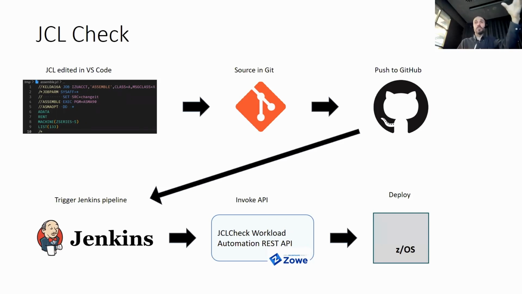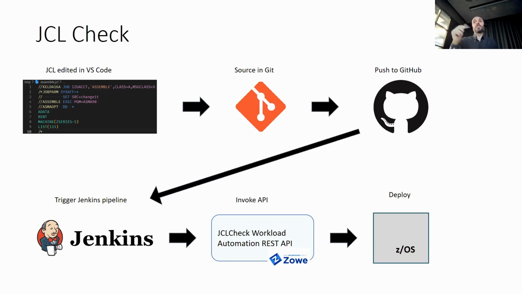You would start by sourcing some JCL in Git on or off Z. Once it's sourced in Git from your editor, like for example VS Code, you could then push to an on-premises GitHub or some other hosted repository.